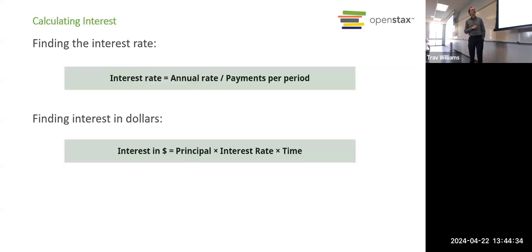All right, so here's how we find the interest rate per payment. You take whatever's the annual interest rate and divide it by the number of payments in a year. So if you've got a bond, let's just say the bond is 4%. That is the stated interest rate, 4%.